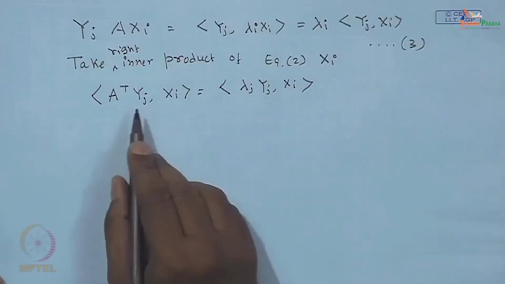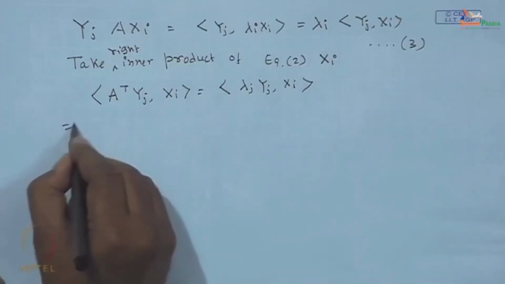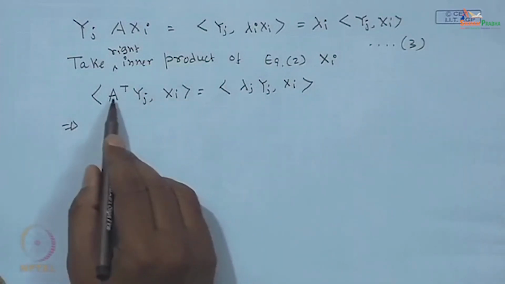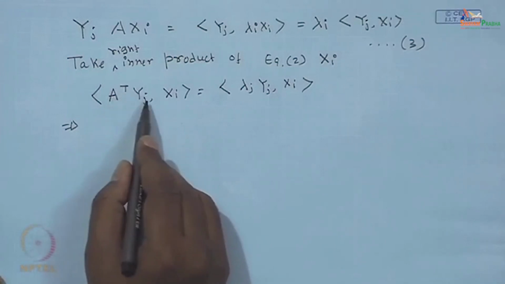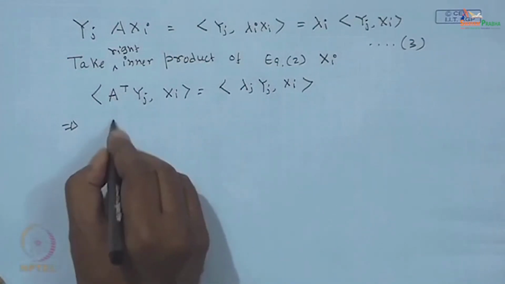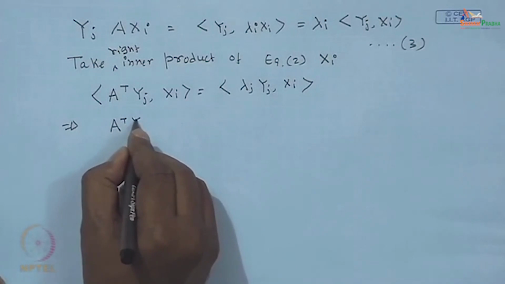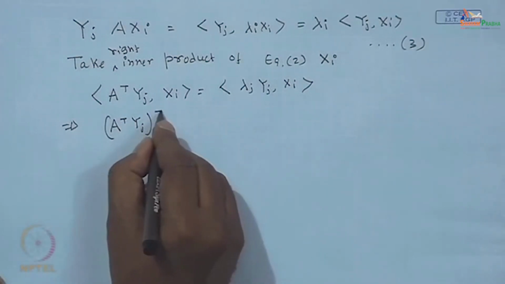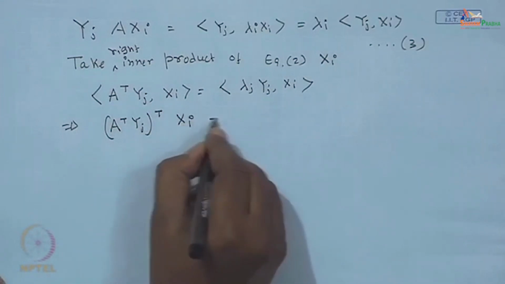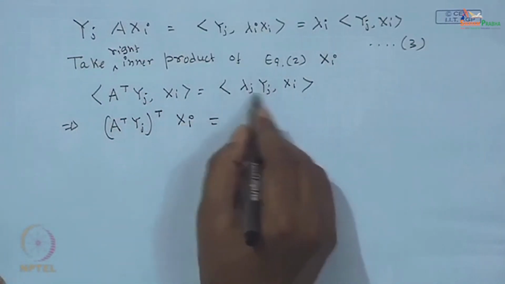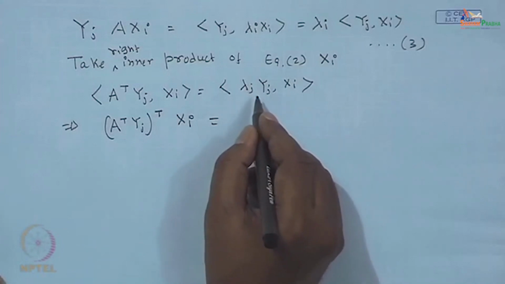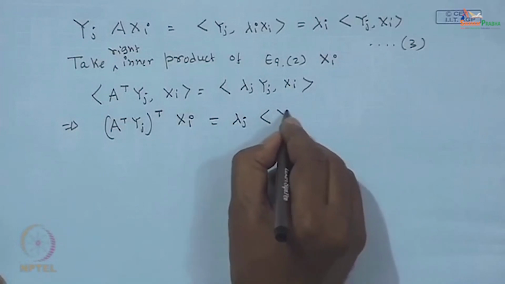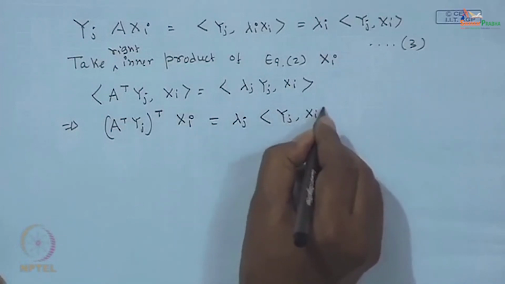Now, using the same theorem that we have already proved earlier, this will be nothing but the multiplication of the transpose of A transpose y_j and x_i. So, if you write it that way, you will be getting (A transpose y_j) transpose x_i is equal to, again, since lambda_j is a scalar, it will come out of the inner product, so it will be lambda_j times the inner product of y_j and x_i.